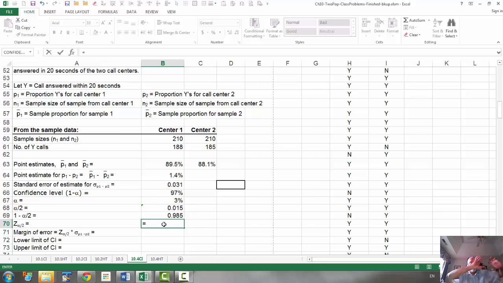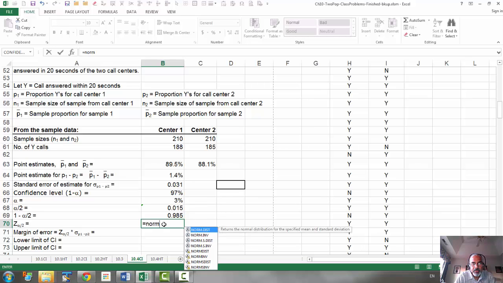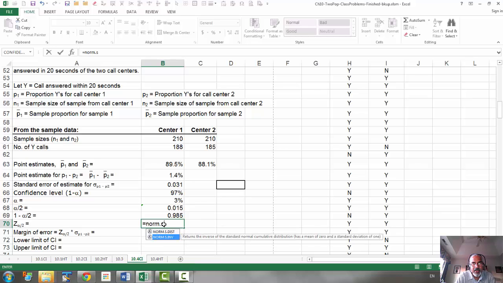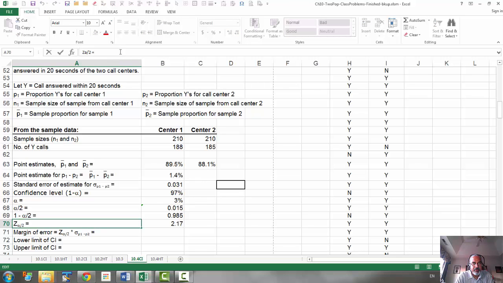And then remember, since the right side tail value is what we want, we have to come up with the cumulative probability and then use NORM.S.INV for that probability. So that will give us the z table value. So z alpha over 2 is, remember, the z table value.